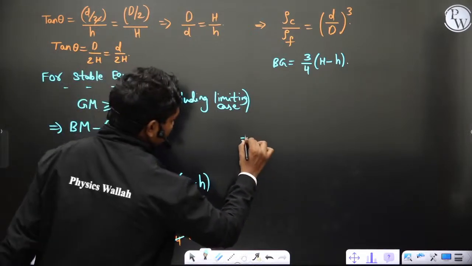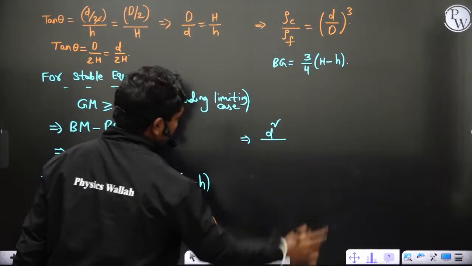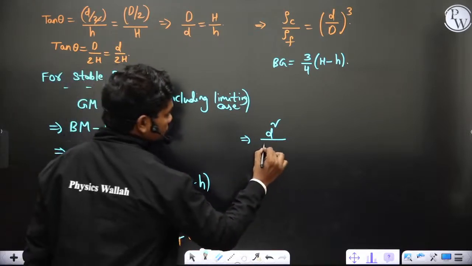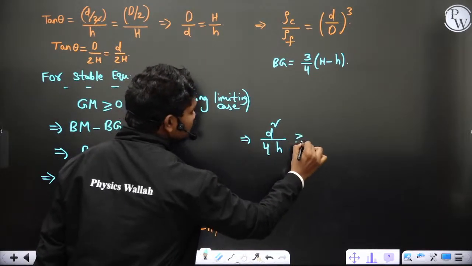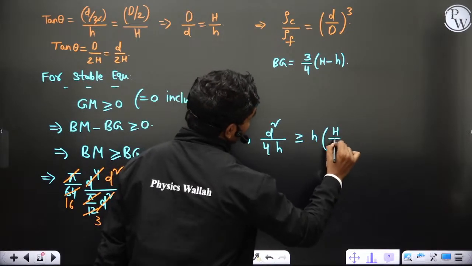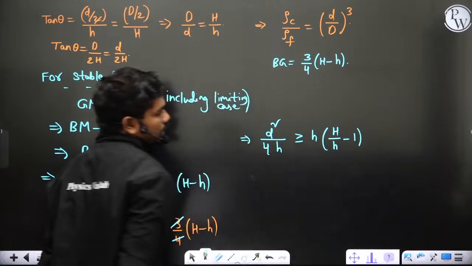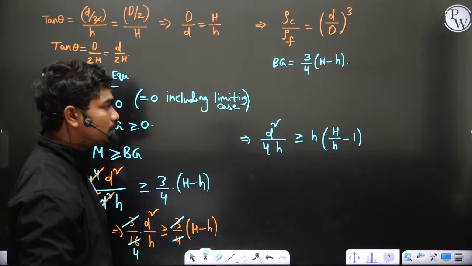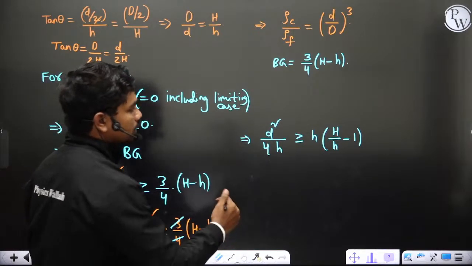So we have d square by 4h is greater than or equal to, if you take h common here, we have H by h minus 1 actually. So this is capital H divided by small h minus 1 in this case.